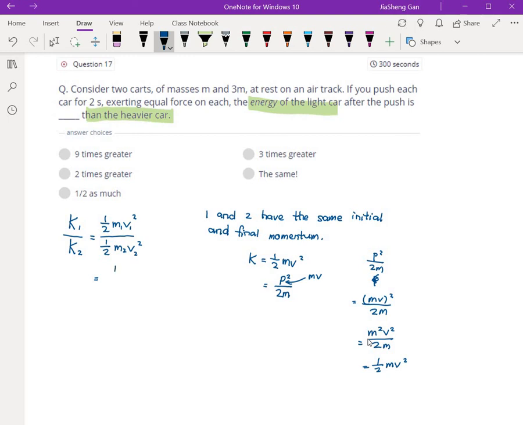So for this one, it will be p1 square over 2m1 divided by p2 square over 2m2.